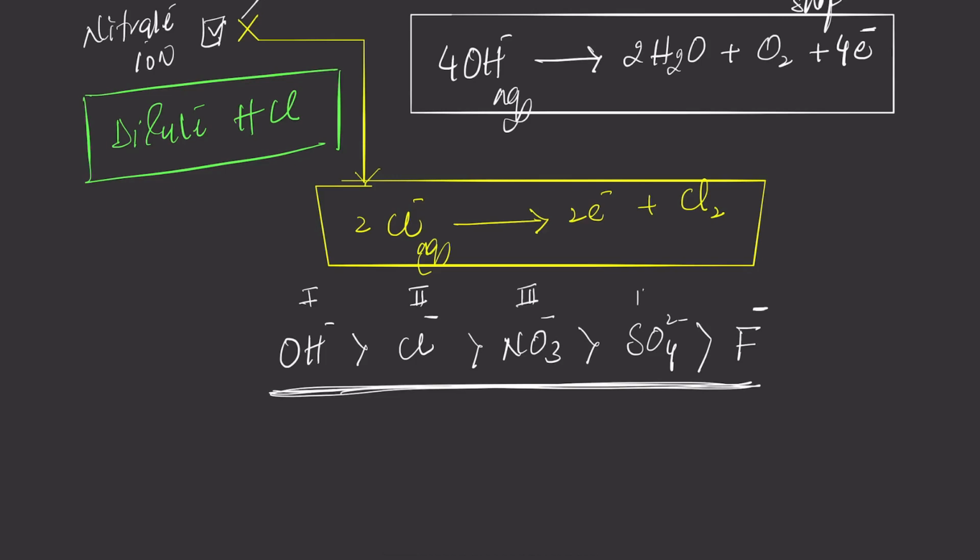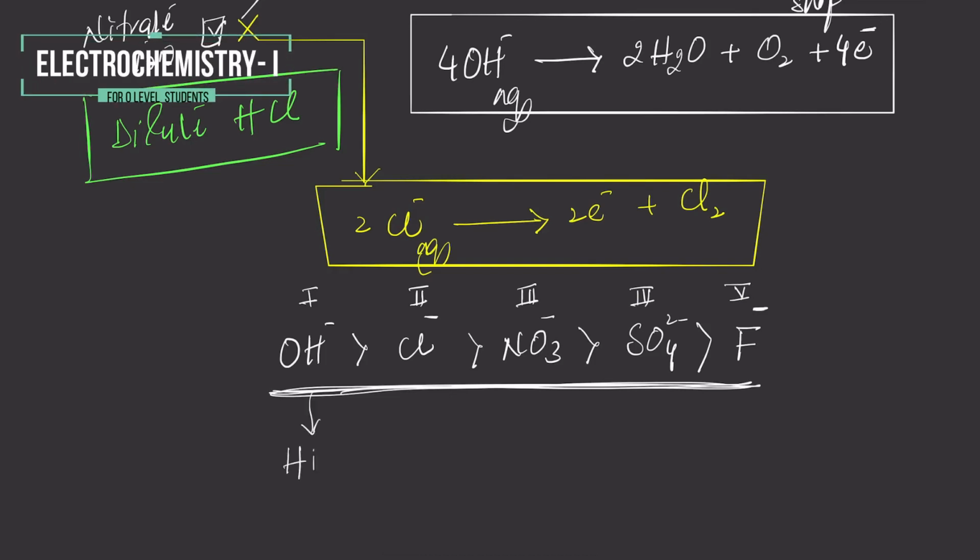Similarly, the 4th position is the sulfate ion and the 5th position is the fluoride ion. So this is the reactivity series, or electrochemical series, or preferential discharge series. This ion is of highest reactivity and this ion is of lowest reactivity.